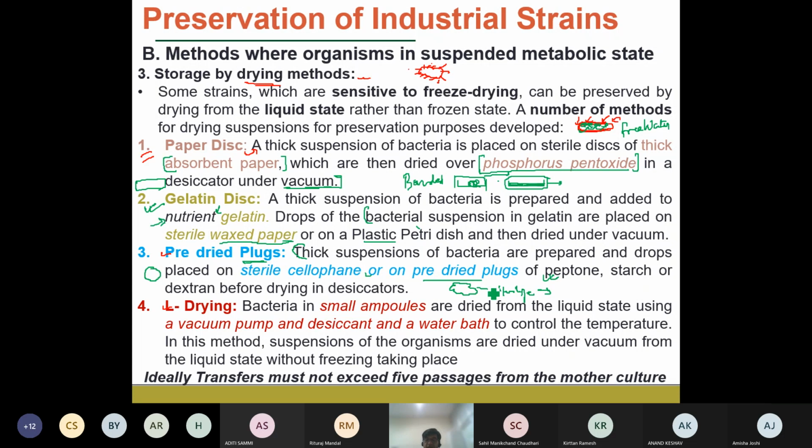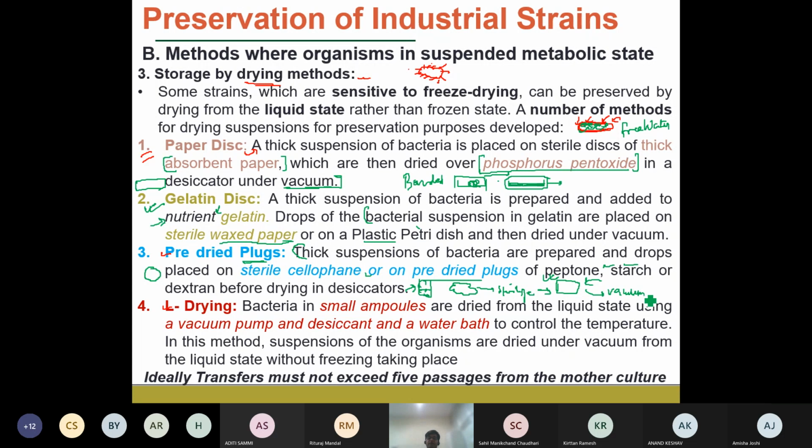Desiccators are nothing but a closed chamber where we also have dehydrating agents present within that closed chamber. So once we have these pre-dried plugs, containing the sterilized plugs, we dip them into this solution, and we dry them out, and then after that we add the microbial culture, and then we carry out the vacuum-based drying.